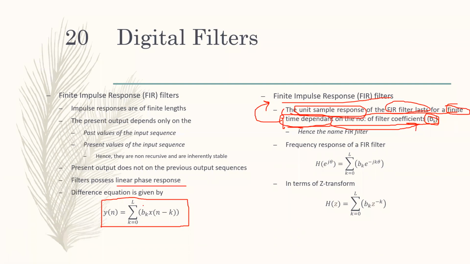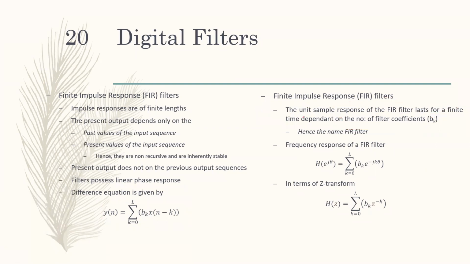So depending on these, we'll have a finite unit sample response. Hence the filter is named finite impulse response. One reason is that the impulse responses are of finite length, and another is that in FIR filters the response lasts for a finite time duration.